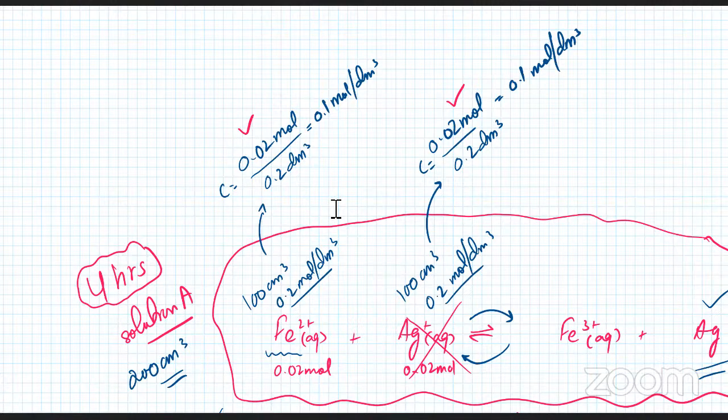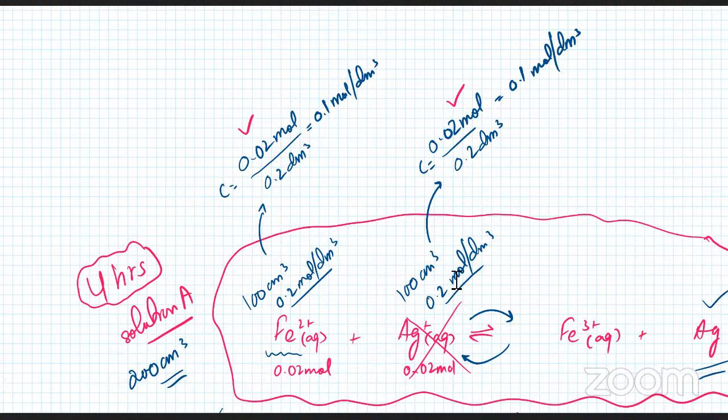Yes, sir. So then what will the concentration be? That's going to be these many moles, but in 0.2 dm cube. So that becomes 0.1 mole per dm cube. You had these many moles, but the solution's volume has changed. It's 0.2 dm cube. So its concentration will be 0.1 mole per dm cube, right?